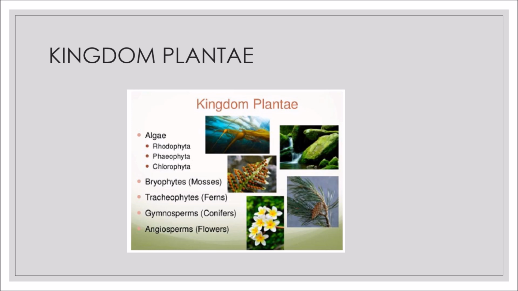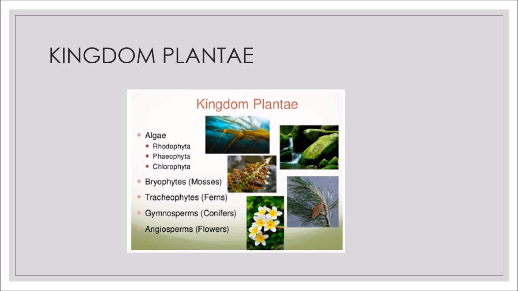As you can see in the image, algae, some higher algae like rhodophyte, phaeophyte, and chlorophyta, and bryophytes, mosses, tracheophytes, all the ferns, gymnosperms, all the conifers, and angiosperms, all the flowering plants, are put under Kingdom Plantae.